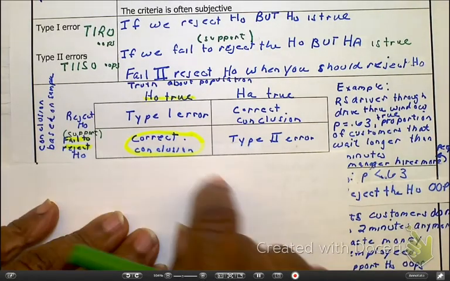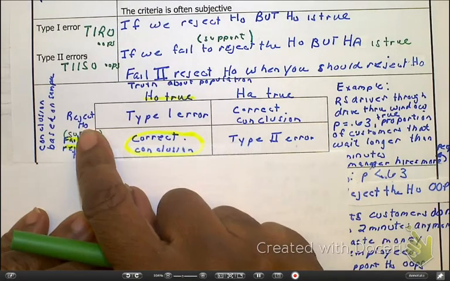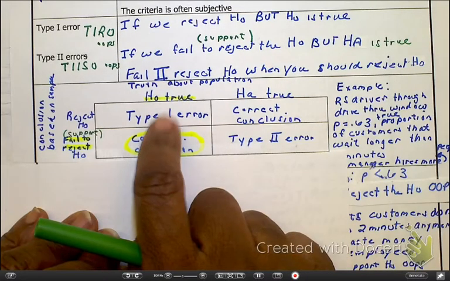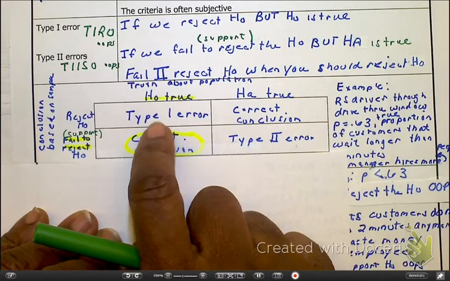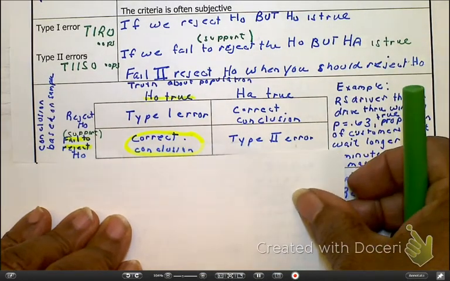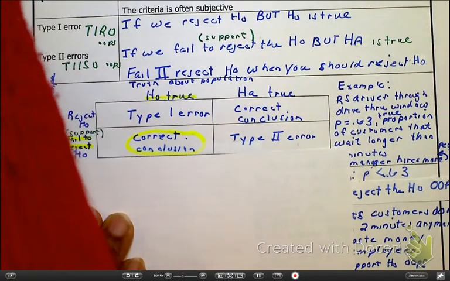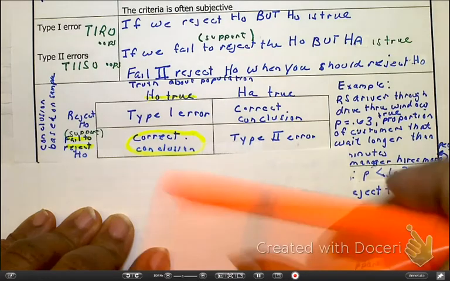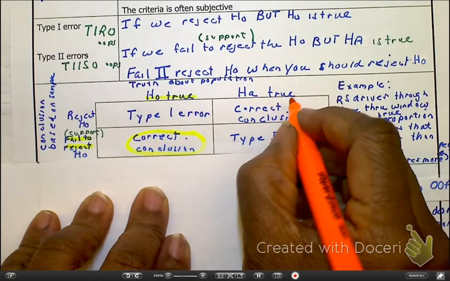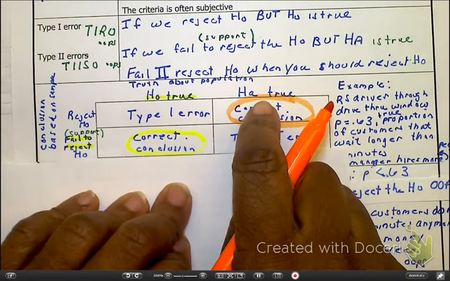But the Type 1 is when you say the H0 is true, but you say it's not. That's when a Type 1 occurs. That is the tyro. Now let's go over here and look at when I can get this correct conclusion.